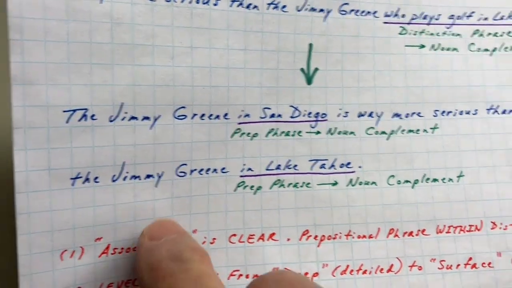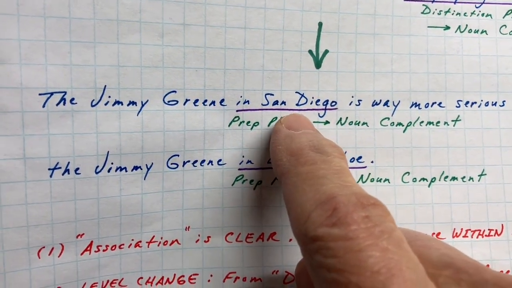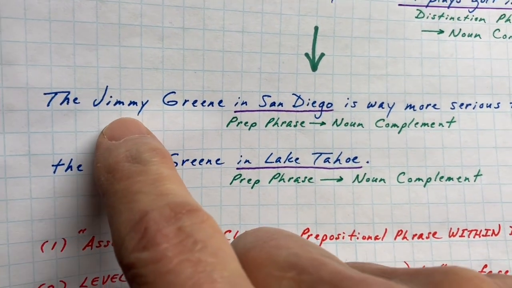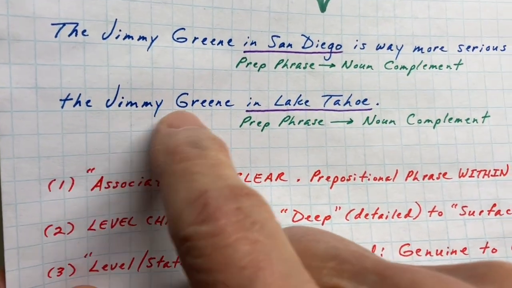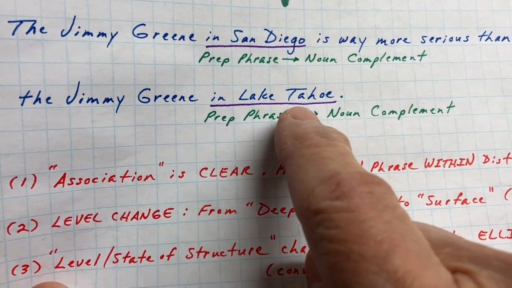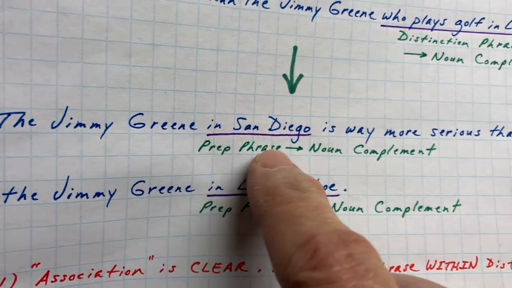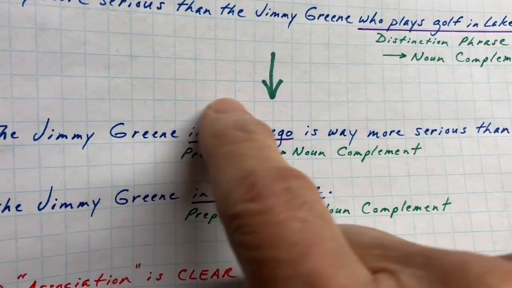Well, how can that be? Well, the Jimmy Green in San Diego is a Jimmy who's putting on a different face or assuming a different personality than the Jimmy Green who plays golf at Lake Tahoe. In other words, the Jimmy Green, the head of this big corporation, is a serious, strict, hard-working, industrious man.